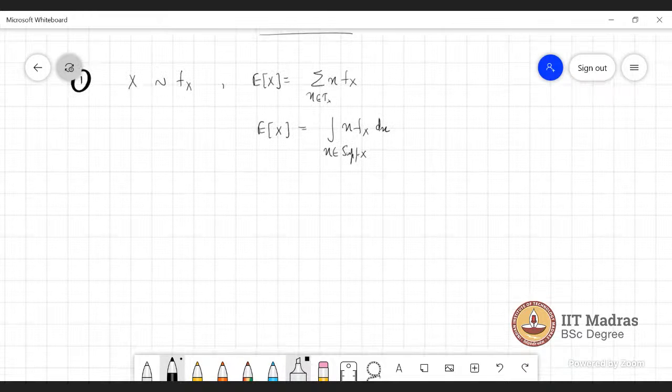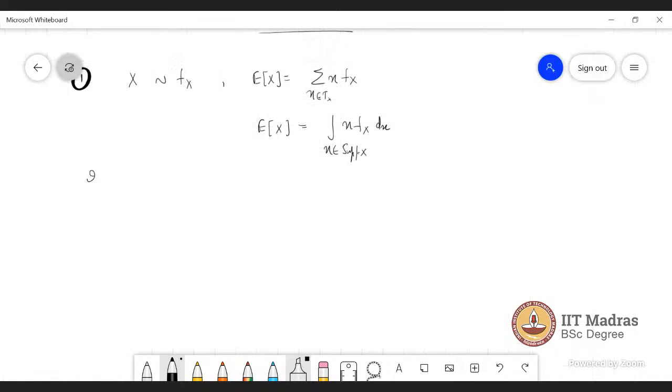Similarly, the variance of X you can write as expectation of X square minus expectation of X whole square. Using this formula, it is always easier to calculate the variance.